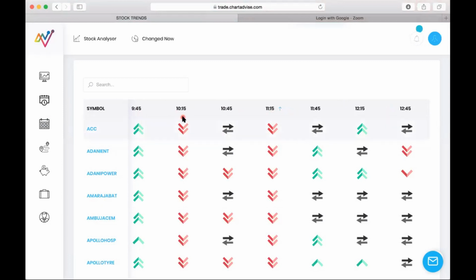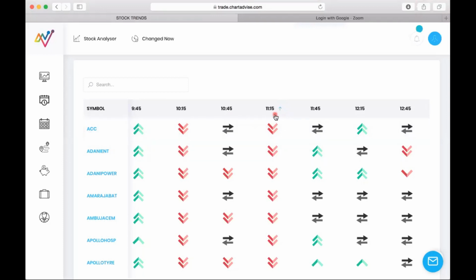Between 9:45 and 10:15, it gave up most of these gains, as you can see, there are two red arrows which signify a strong downtrend. Then between 10:15 to 10:45, it did nothing. It languished sideways. At 11:15, half an hour later, it started falling again.